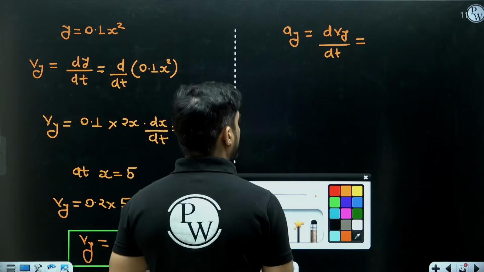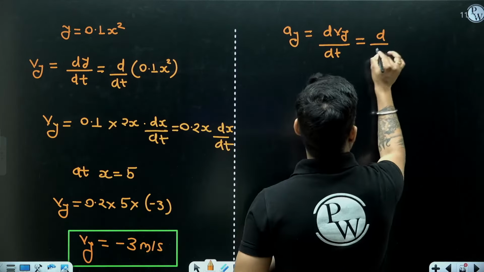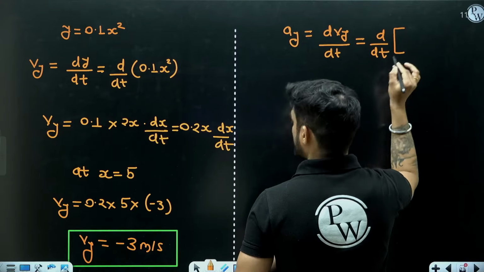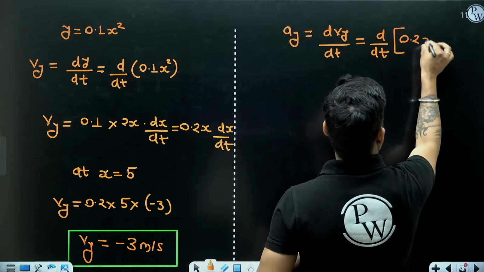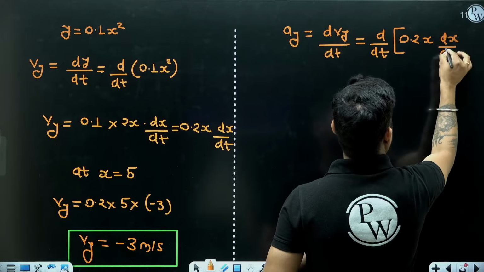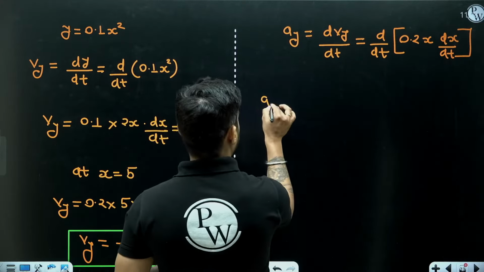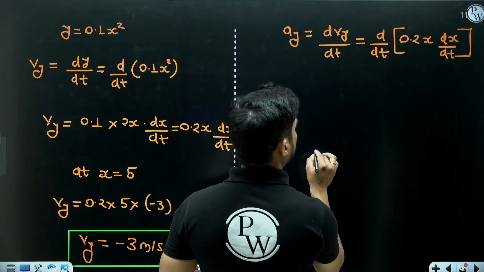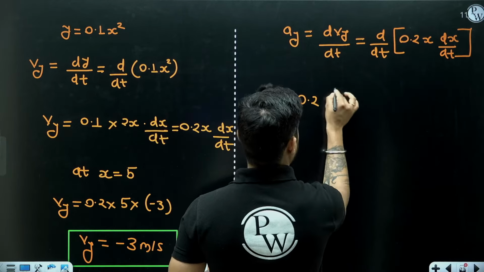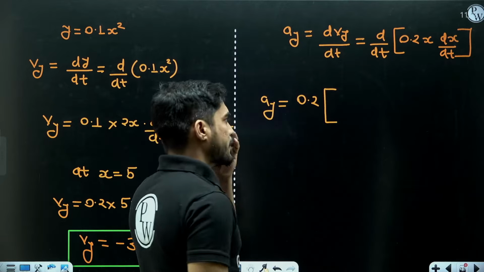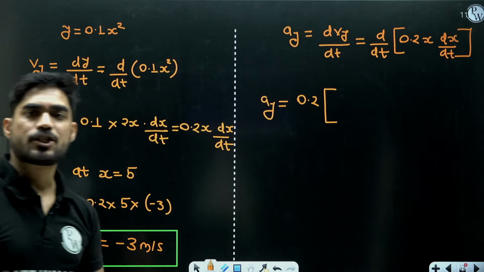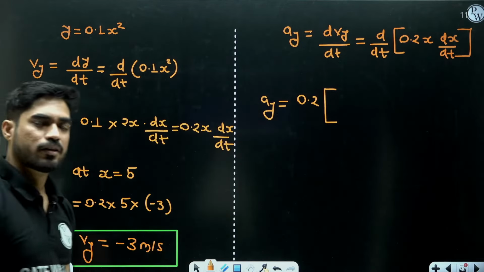So here what I will do is, I will put the equation of Vy, which is 0.2 x dx by dt. So if I differentiate this, what I will get? 0.2 is constant, right? If I differentiate x dx by dt by chain rule, what is chain rule?